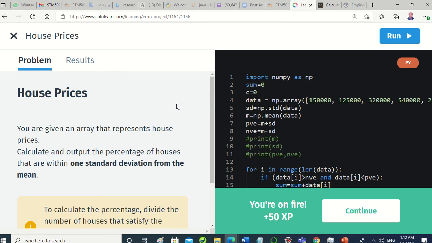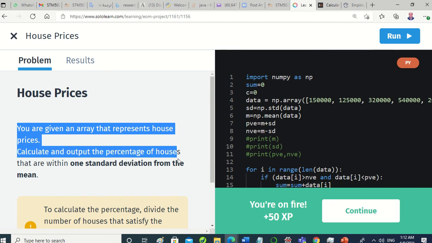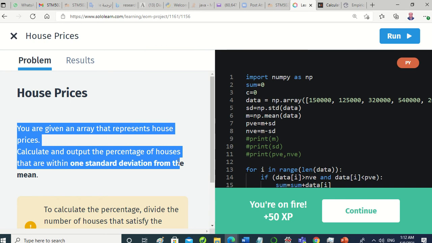Here is the problem. House prices problem. You are given an array that represents house prices. Calculate and output the percentage of houses that are within one standard deviation from the mean.